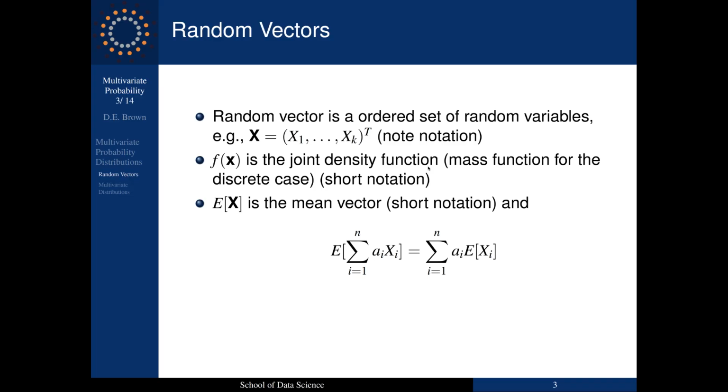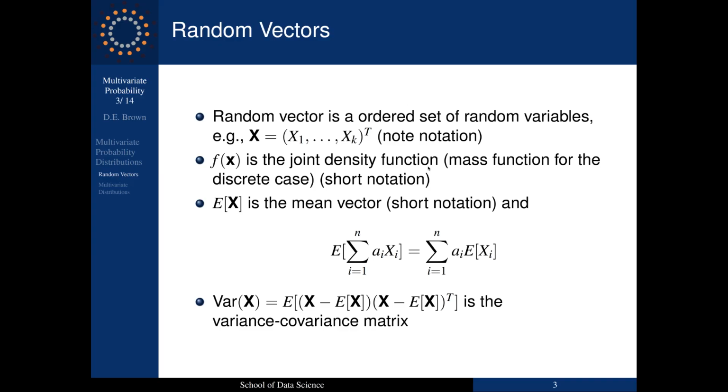It's also the case that we can use the fact that the expectation operator is monotonic and that we can take it through a summation. So the expectation of a weighted sum of random variables is just the weighted sum of the expectations.